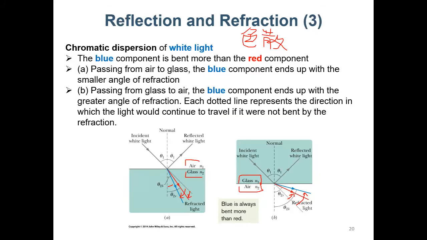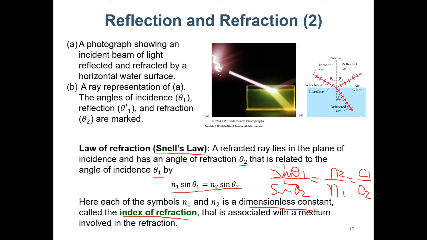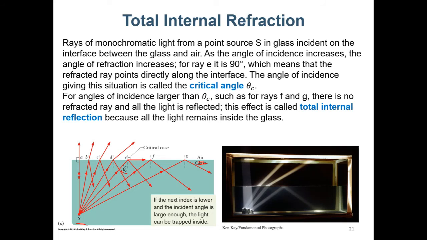So for this one, or something large enough, you can see that this angle is 90 degrees. So you can check back here. Suppose you're going from a dense medium, which means that N1 is larger than N2.